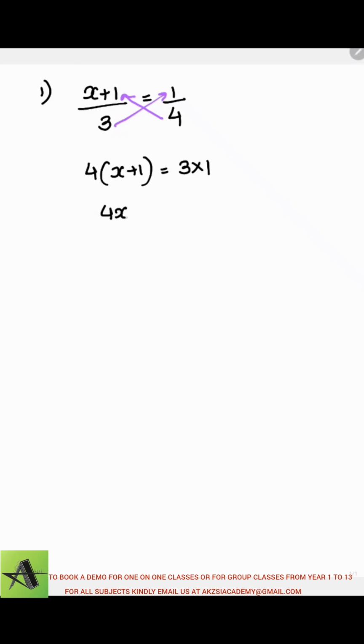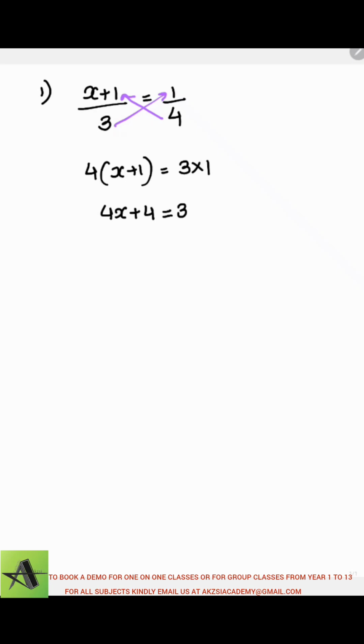So 4x plus 4. Let me introduce expanding. That means whatever number is outside, you have to multiply with every term that is inside. So 4 will be multiplied with x, and then 4 will be multiplied with 1. So 4 times x will give you 4x, and 4 times 1 will give you 4, equals 3 times 1 is 3.